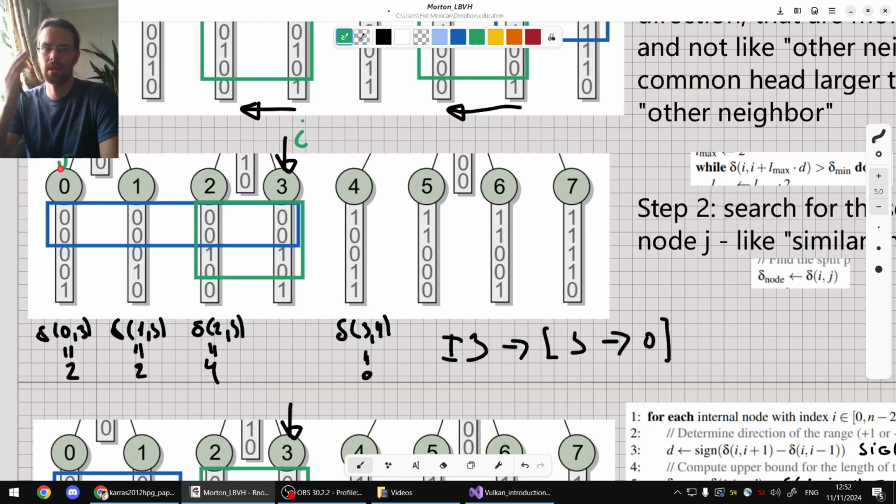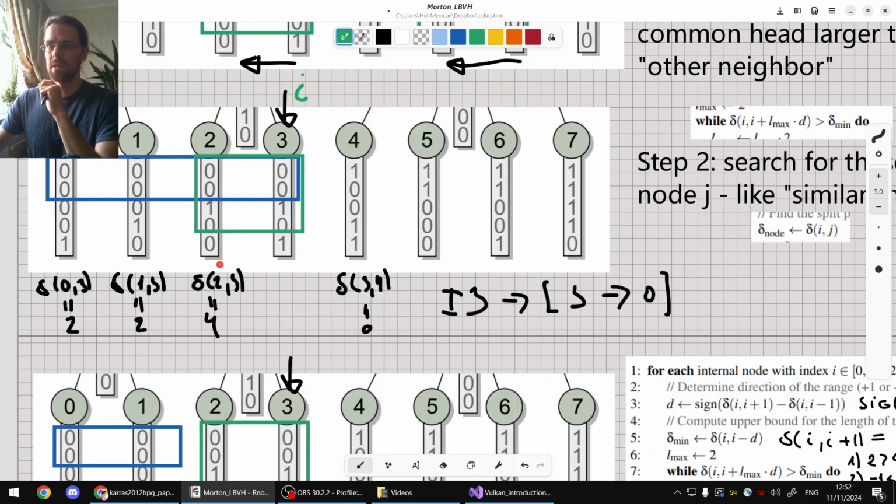And the next question is, we can actually subdivide it. We can determine its children. We can determine where to subdivide it. And here the idea is completely the same as we've done before. Again, we will compare the leading bits.